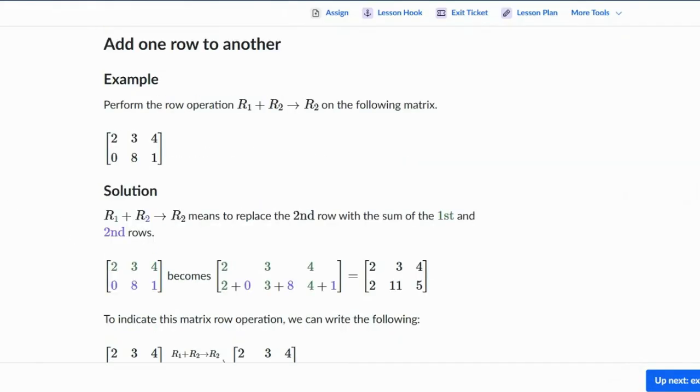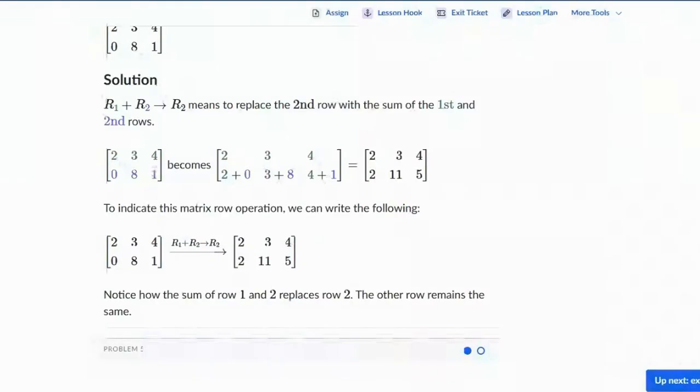So, our differences here. This is where it gets a little interesting. We're going to add one row to another. Row 1 plus row 2 becomes the new row 2. So if we have this original matrix here, the 2, 3, 4, 0, 8, 1, we take the 2 and the 0 and add them together. And that's the new second row. Now notice the first row, nothing happens.